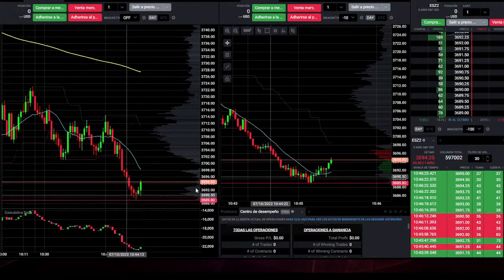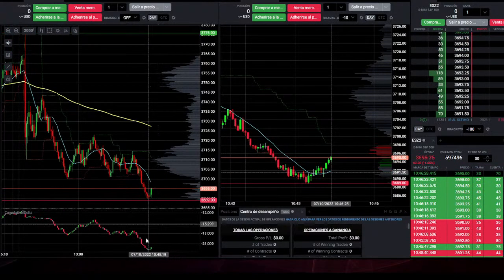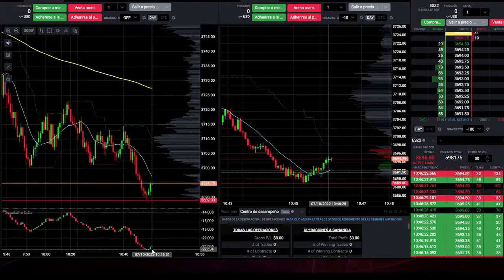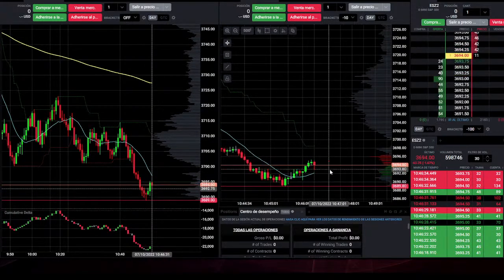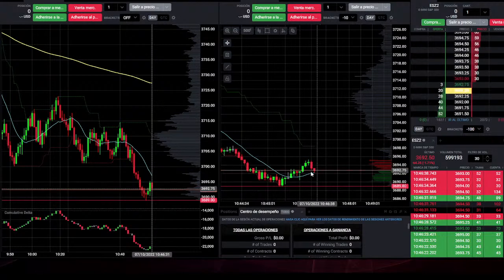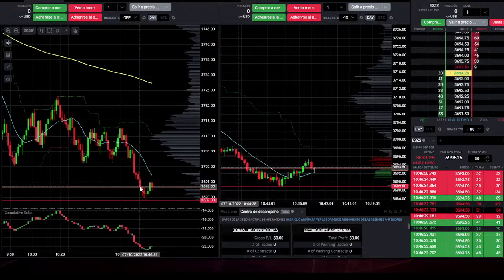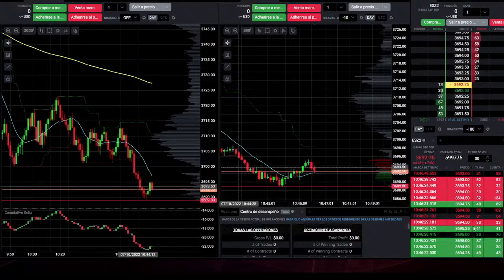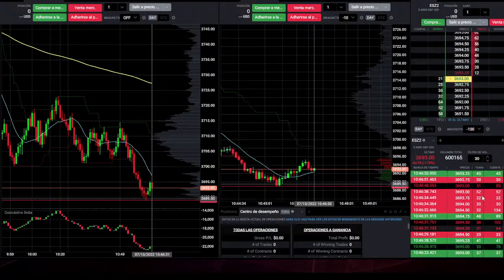Well, we can see now the market is making a pullback. Delta is not doing a pullback, or only a little one. So perhaps now we can go and enter another short trade. Okay, let's see if the market gives us an opportunity to do so. Here we can see some orders going through.